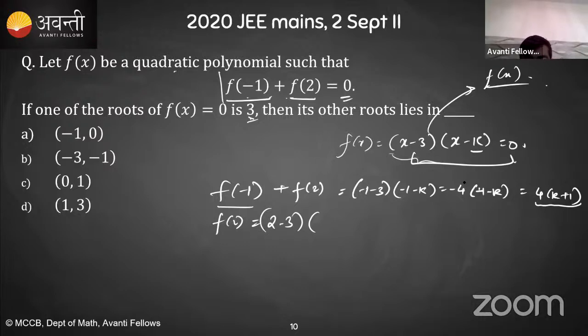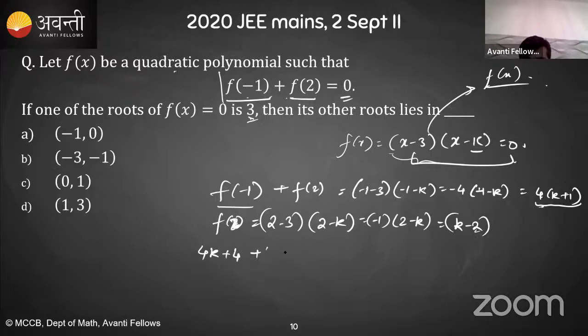Now 2 minus 3 into 2 minus k, what we will get here is 2 minus 3 is minus 1 and 2 minus k is 2 minus k. So can I write this as k minus 2? Now the sum of these two quantities is 0. So 4k plus 4 plus k minus 2 is given to us as 0.